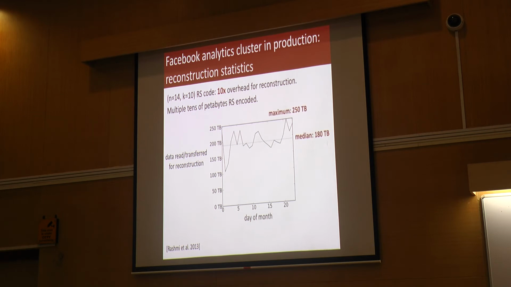So roughly, we observed a median of 180 terabytes of data and a maximum of up to 250 terabytes of data transferred across the network and read from the disks solely for reconstruction of Reed-Solomon encoded data. Okay, so I just wanted to show this to see that this is a real problem. Failures are common, and reconstruction operations keep going on all the time in the systems.